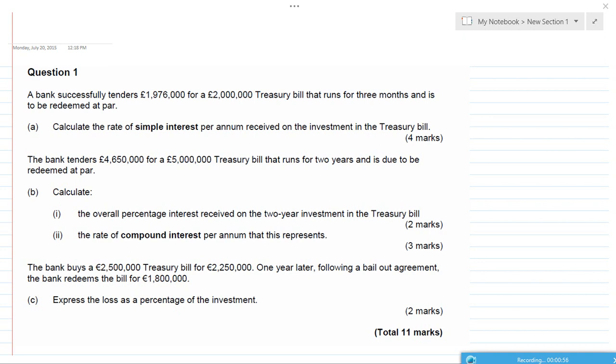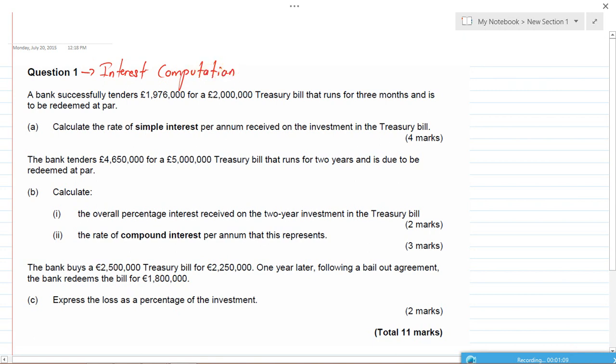Look at Question one. This is on the first topic, which is interest computation. Before you go into the question, the first golden rule is you must go and read the required first.